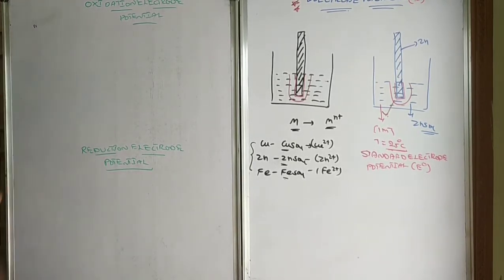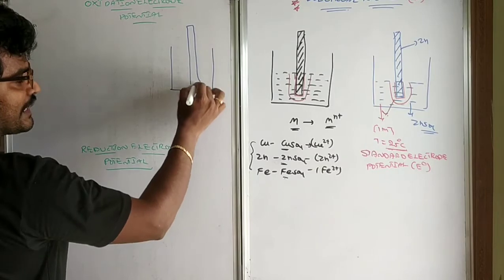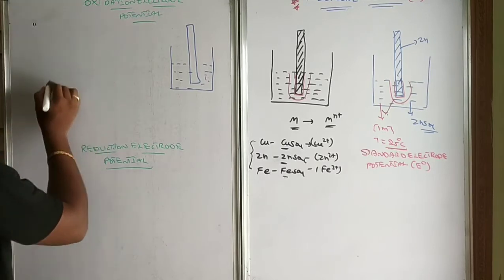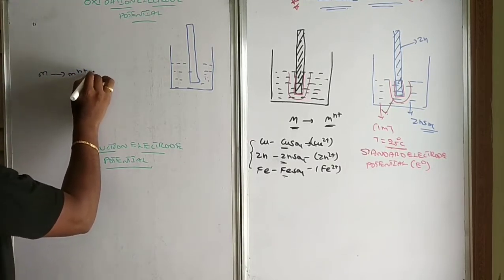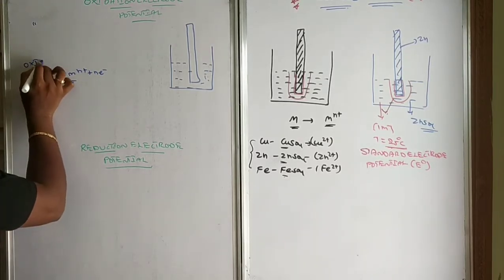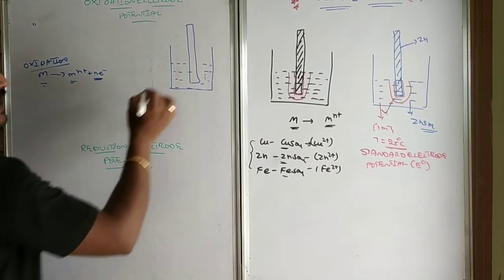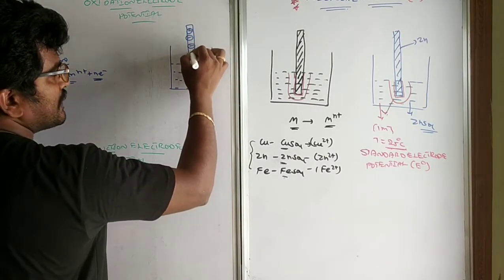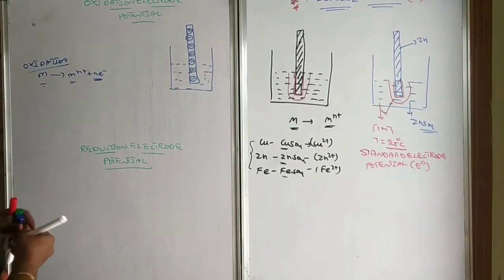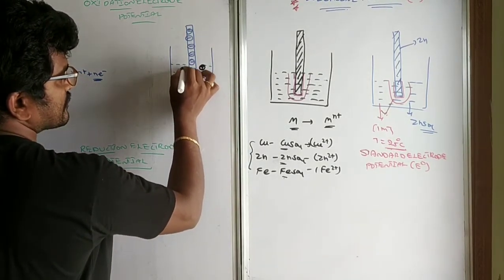So see, what is oxidation electrode potential? Whenever a metal is dipped in electrolytic solution having the same metal ion, and the metal is undergoing the oxidation reaction, it liberates electrons.